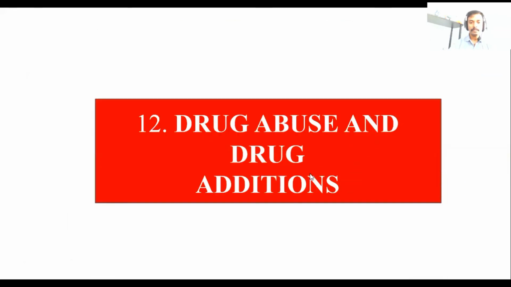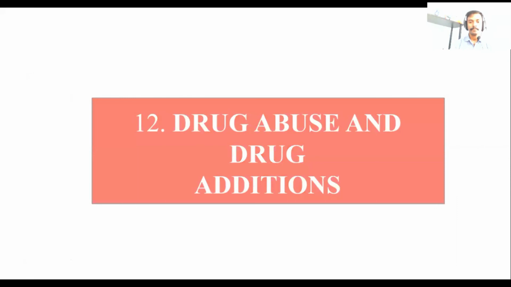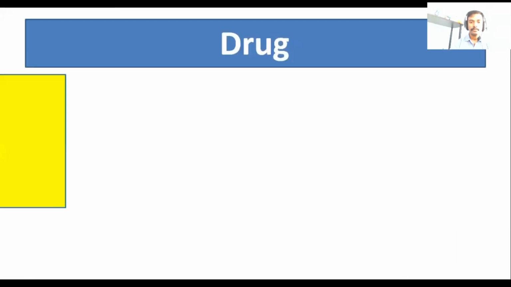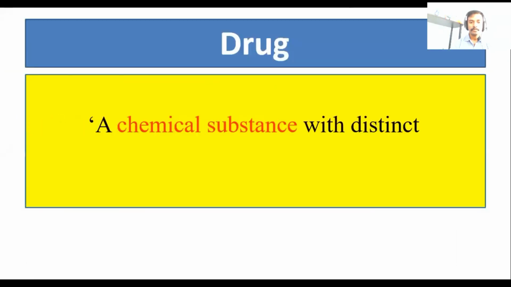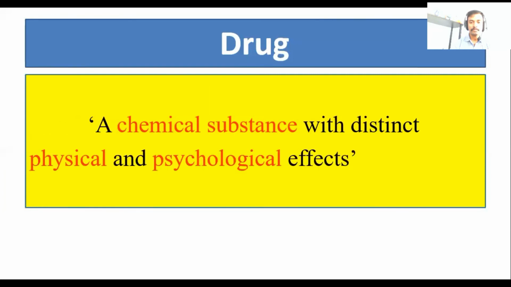Next section, drug abuse and drug addictions. Drugs, what do you think about drugs? A chemical substance. Abuse means misuse of that. Addiction means overuse. A person cannot live without drugs. That condition is called addiction. Then drugs: chemical substance with distinct physical and psychological effects.